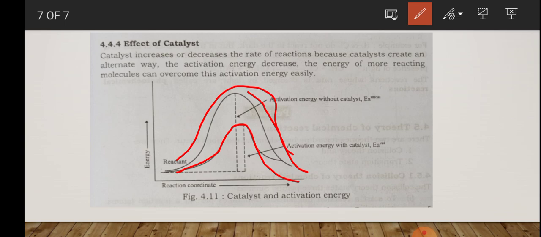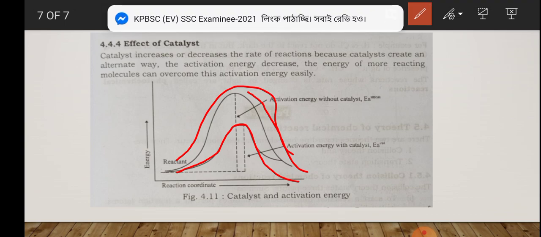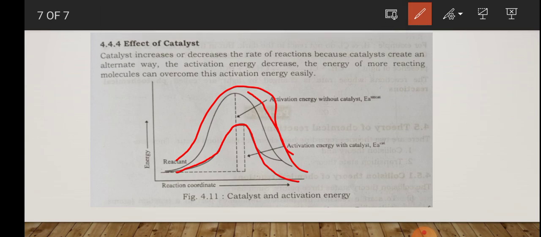So from this figure we can conclude that activation energy with catalyst is less than activation energy without catalyst. So catalyzed reactions go faster. Due to the presence of catalyst, the activation energy is reduced, and thus the catalyst increases the rate of reaction.